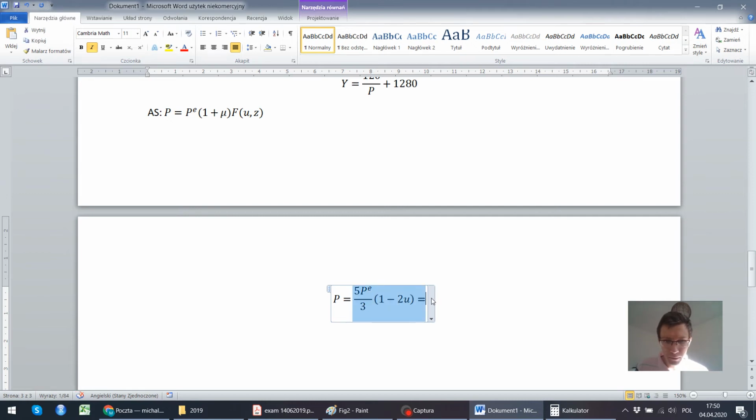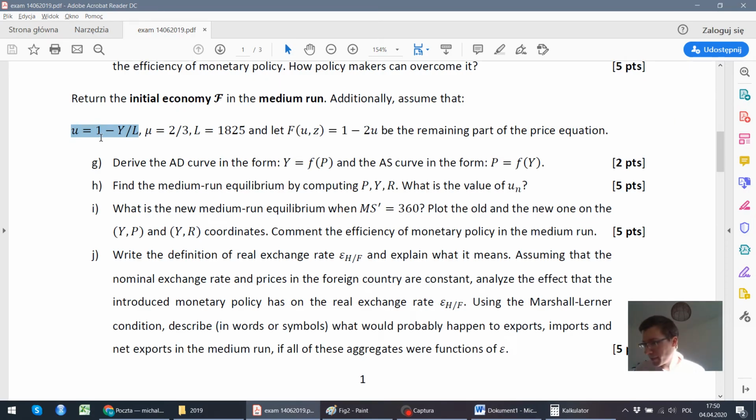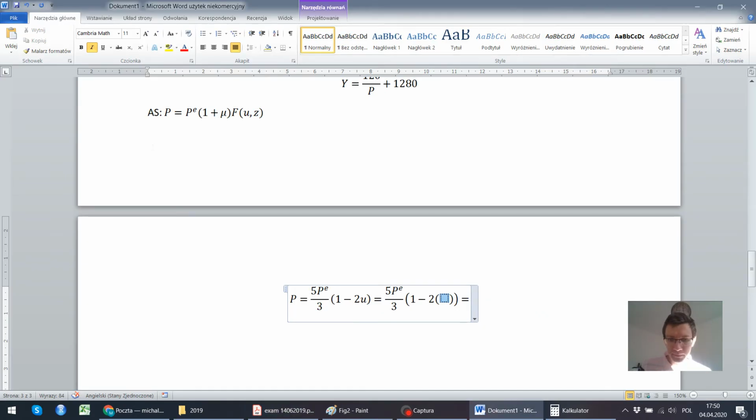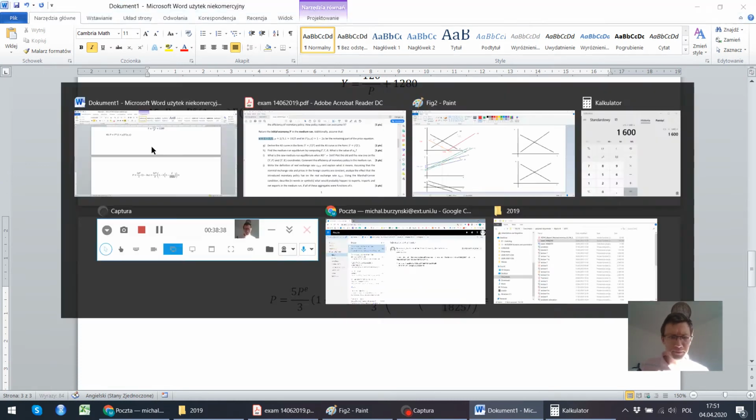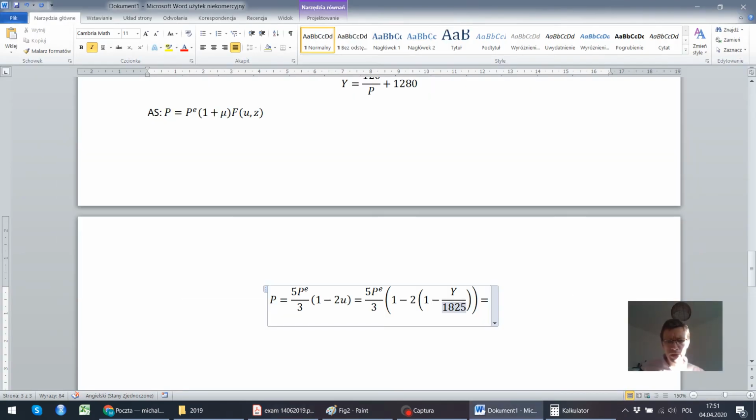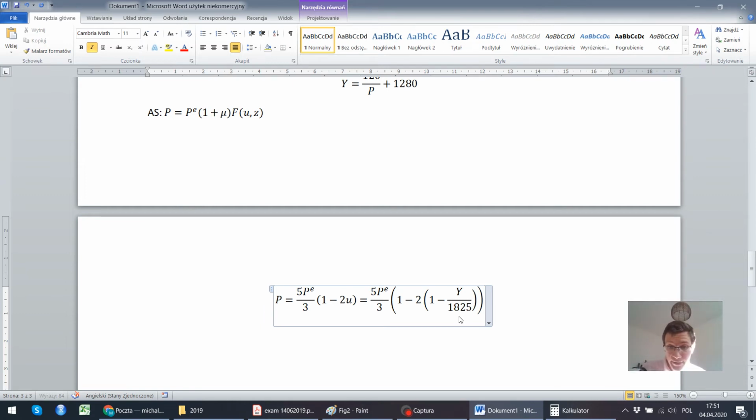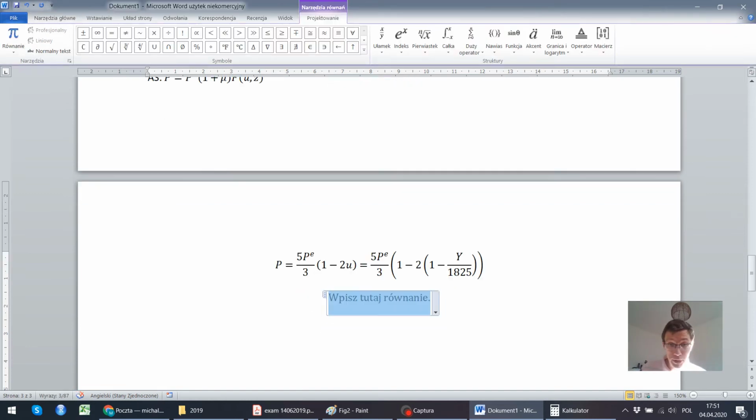Instead of u, we simply write 1 minus y over L, and L is 1825. Correct? Correct. So this is our AS curve, but we still can do a bit more when it comes to simplifying this equation.